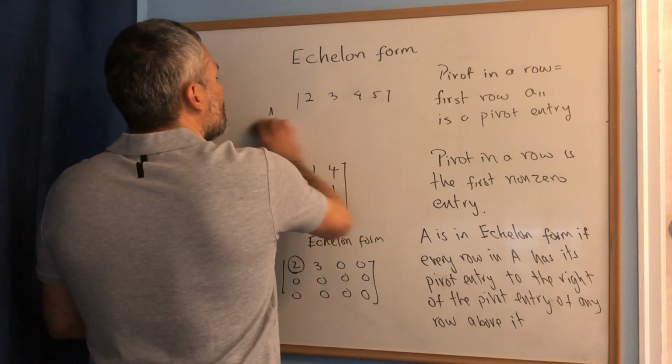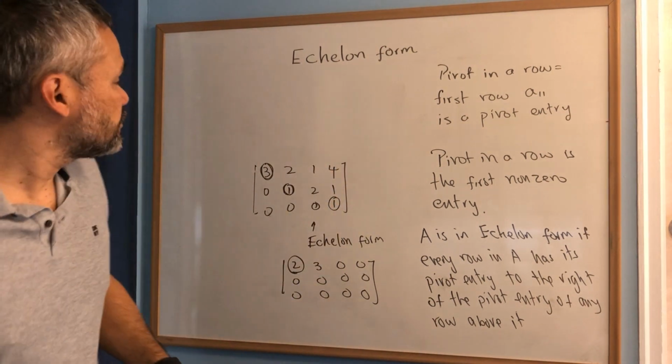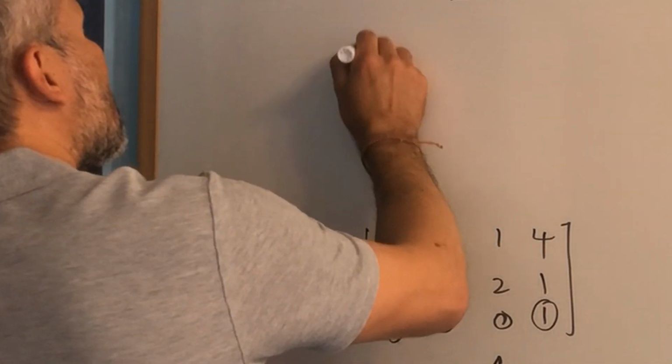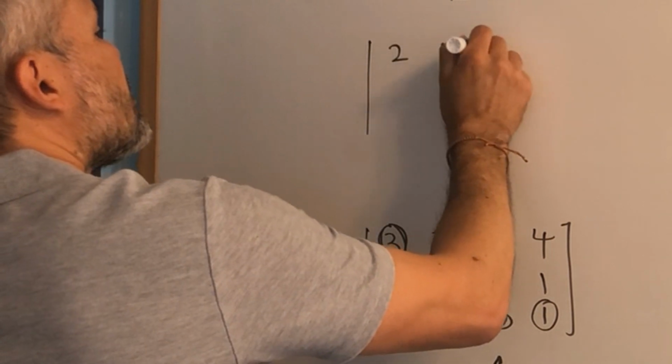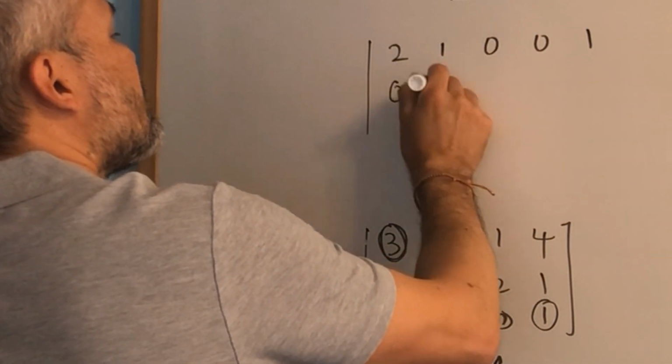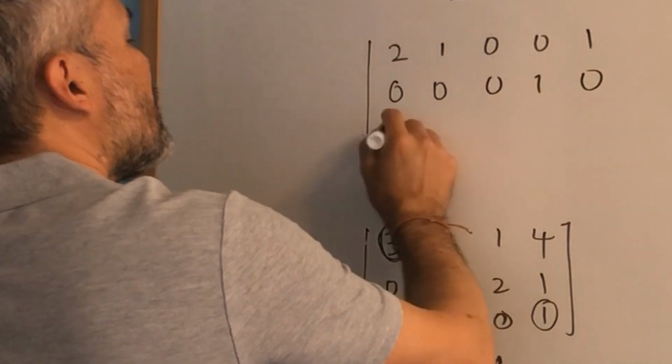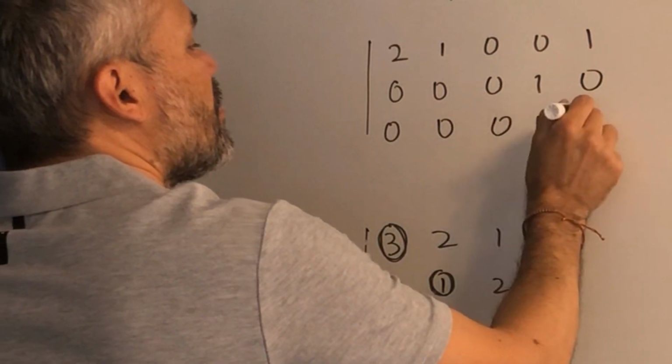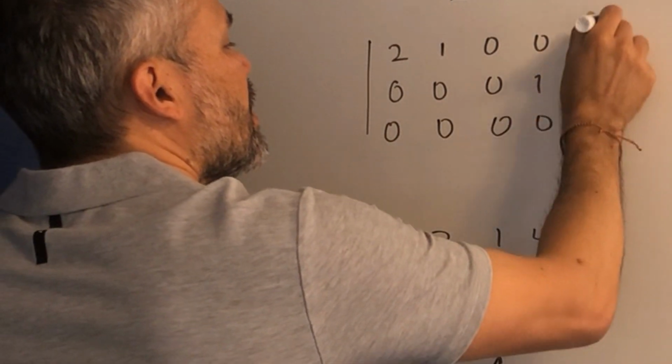Let's do more examples. We have something like 2, 1, 0, 0; 1, 0, 0, 0; 1, 0, 0, 0, 0, 0, 3.